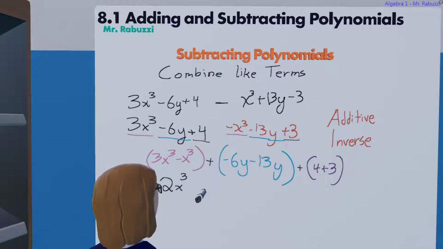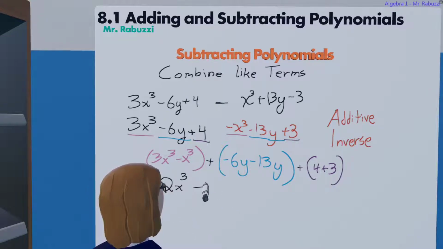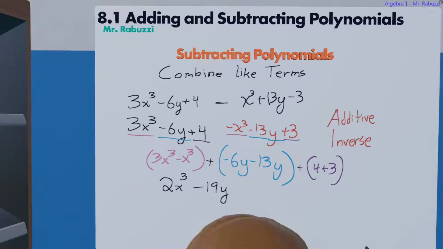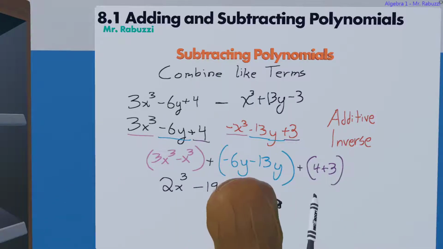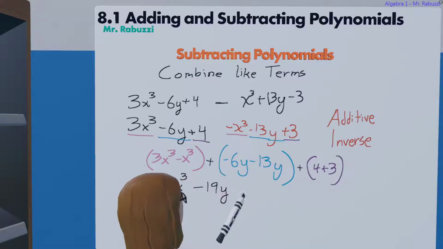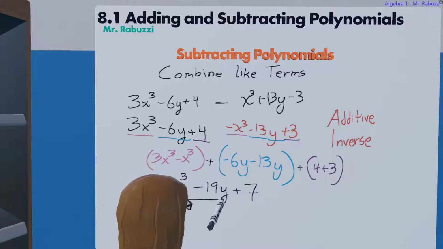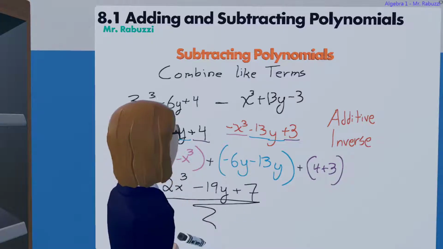But it's going to be negative 19y. Okay, and because we got negative here, we don't bring our plus down. So it's just 2x cubed minus 19y. All right, and then the last piece, 4 plus 3 is 7. It was a positive 7, so it's plus. And there we go. There's our finished answer.